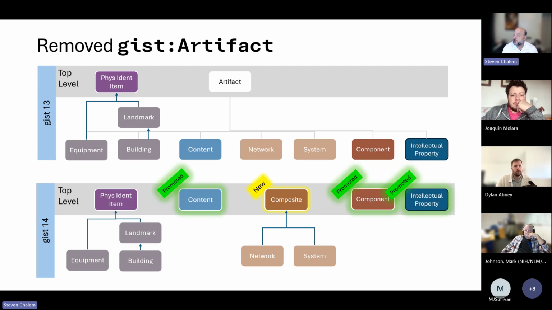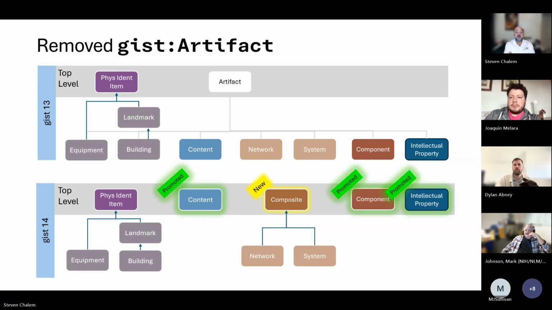So that's something we removed. Some of the things that were subclasses of artifact were also subclasses of other things. So equipment and building were subclasses of artifact, but they were also directly or indirectly subclasses of physical identifiable item. So we just let those alone. They already had a place in the hierarchy.